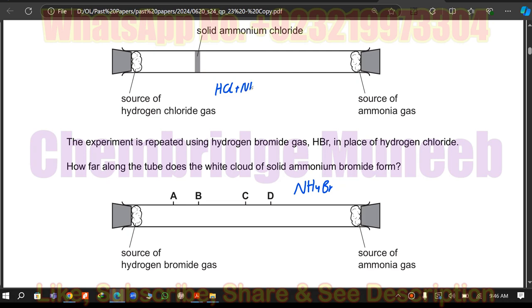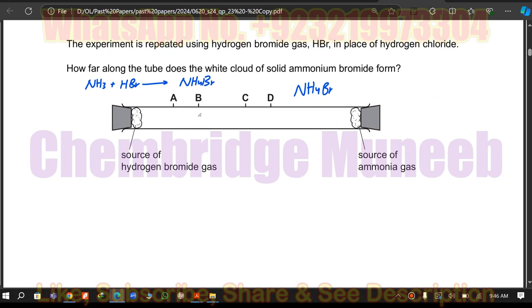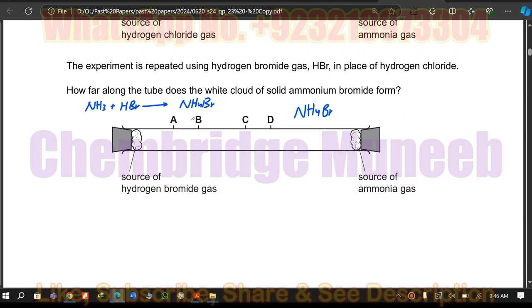HCl plus NH3 produces NH4Cl, whereas in the second case the ammonia is the same, but the other compound is HBr instead of HCl, and this produces NH4Br. Now they are asking at which position this ammonium bromide will be produced.